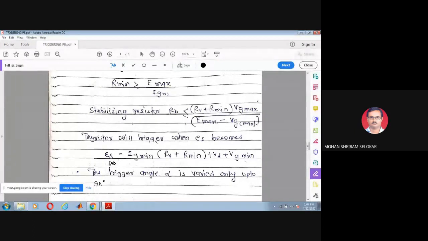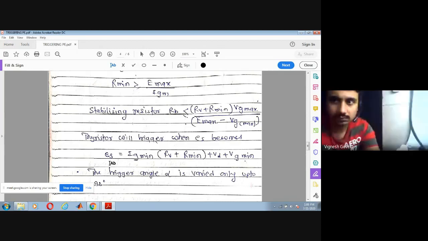Right? If I keep RV very large, a very high potentiometer value, what will happen? My sufficient gate current requirement is not matched, even though my input signal has reached peak at 90 degree. Are you agree with this?